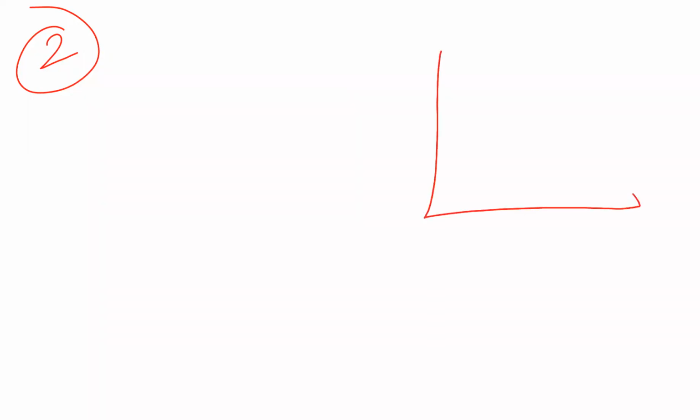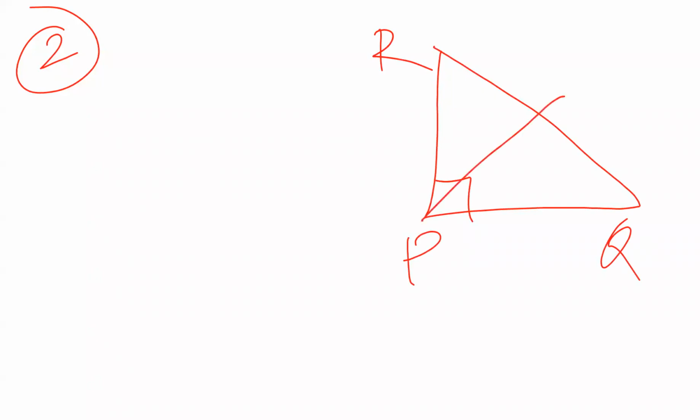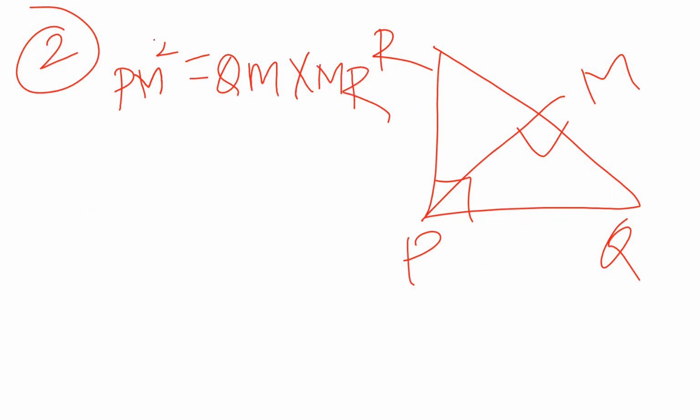In question number 2, sir, we have PQR as right angle triangle, and PM is perpendicular to QR. You have to prove PM square is equal to QM into MR. Now we have to check. QM is in this triangle.